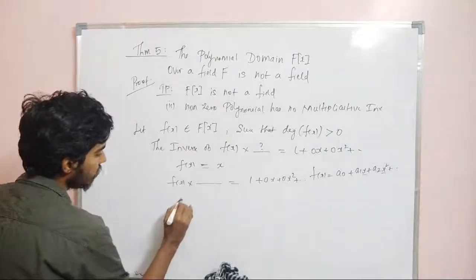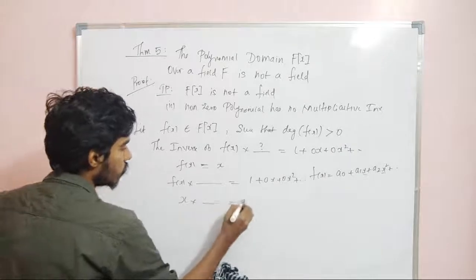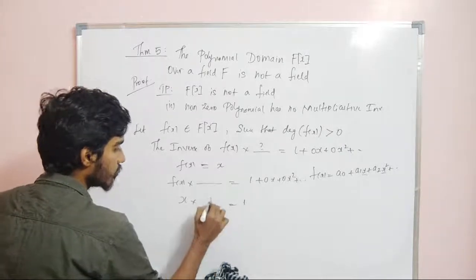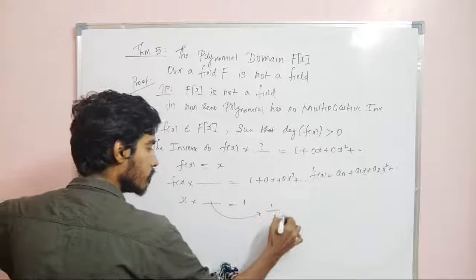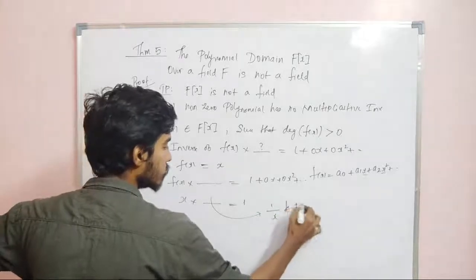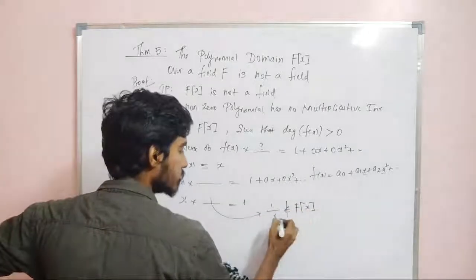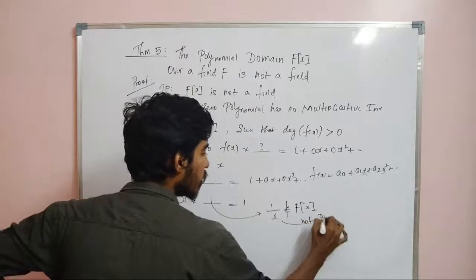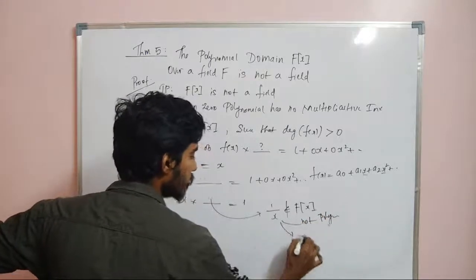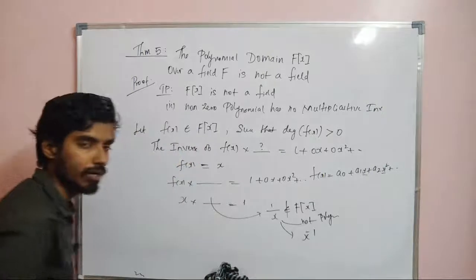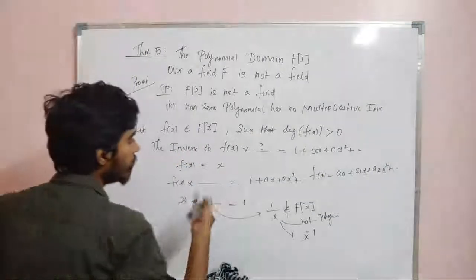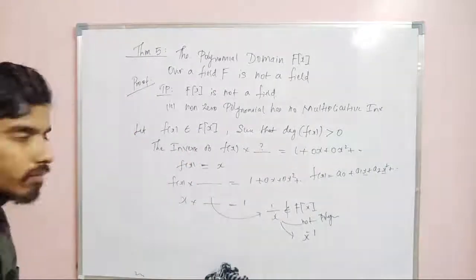So x times something has to be 1, so this has to be 1 by x. But this does not belong to F[x]. That is, 1 by x is not a polynomial, because this is nothing but x to the power minus 1, which is not a polynomial. Therefore, the multiplicative inverse does not exist. That means it is not a field.